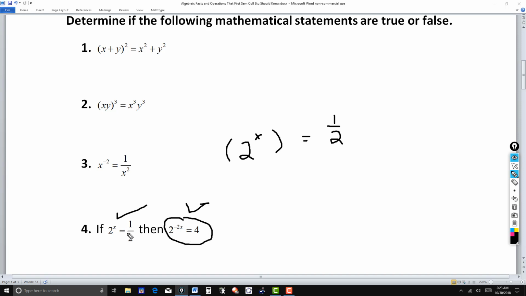Because of this negative 2 here, I could say, let's take this side to the negative 2. That's legal if I take the other side to the negative 2. And then here, basic laws of exponents, power to a power. Multiply the exponents, so this becomes 2 to the negative 2x.